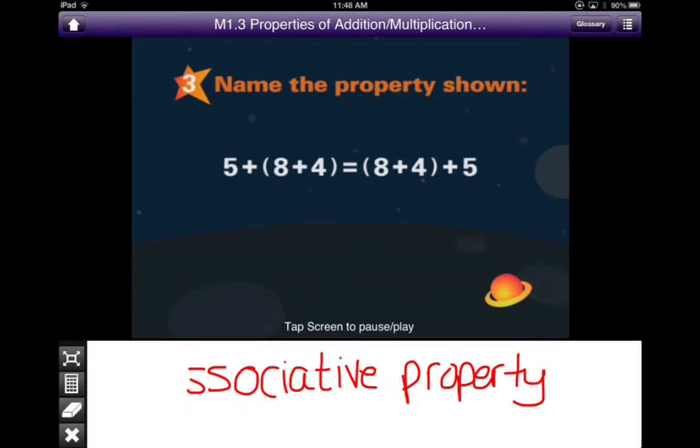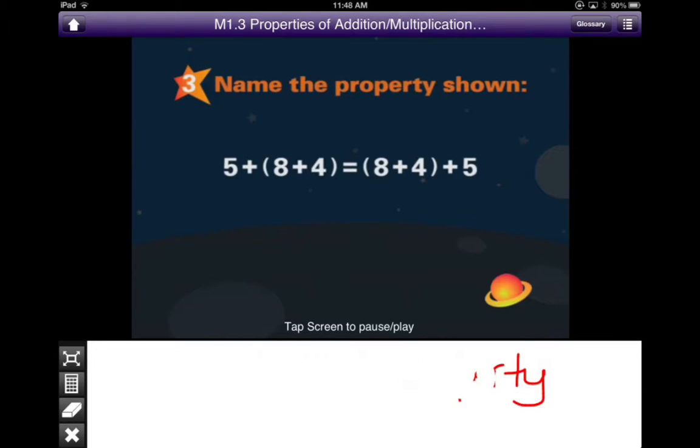Okay, this is a little bit trickier. I want you to really look closely at this problem and see if you can figure out what property is being shown. Now, I do want to give you one hint. Just because you see parentheses does not always mean it's the associative property. The associative property is when the people or the numbers inside the group change, but the same numbers are involved on each side of the equation.